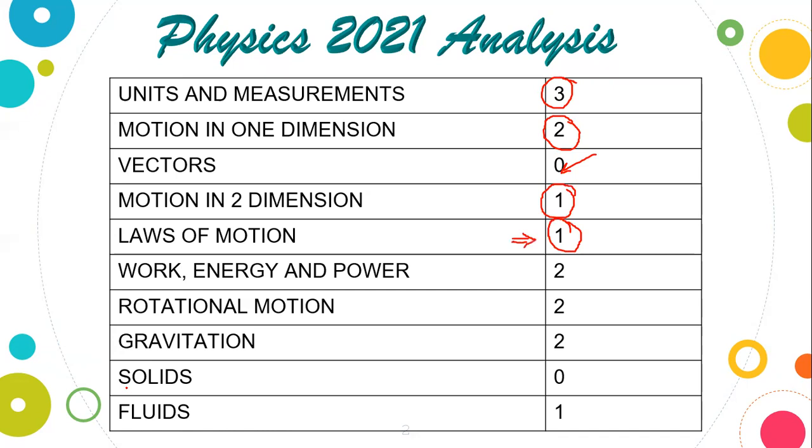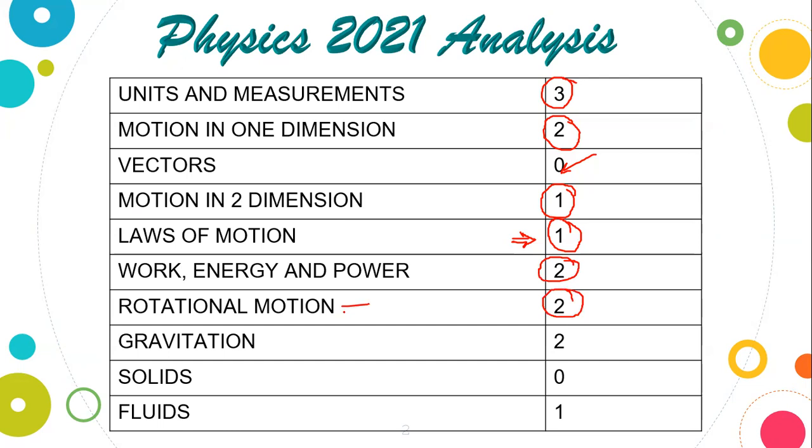In previous years, if you check the weightage of laws of motion, 2 or 3 questions will come from that single chapter. But this time, just a single easy question came. Then 2 questions came from work energy power, 2 questions from rotational motion.